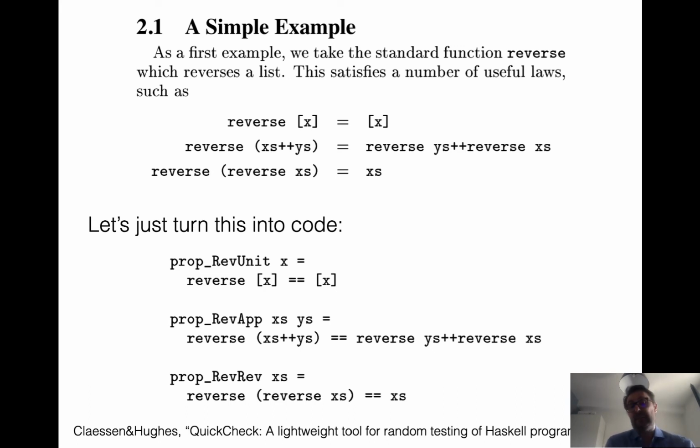Then in Haskell you can express that like this: the property takes first x in, so it takes any value in, and then the property will put this value into an array and reverse that, and then it will check with the double equal signs that this is the same as taking the value and putting it into a list, right?